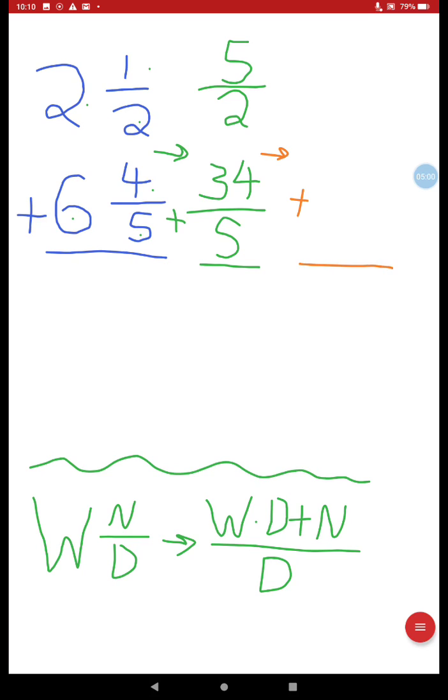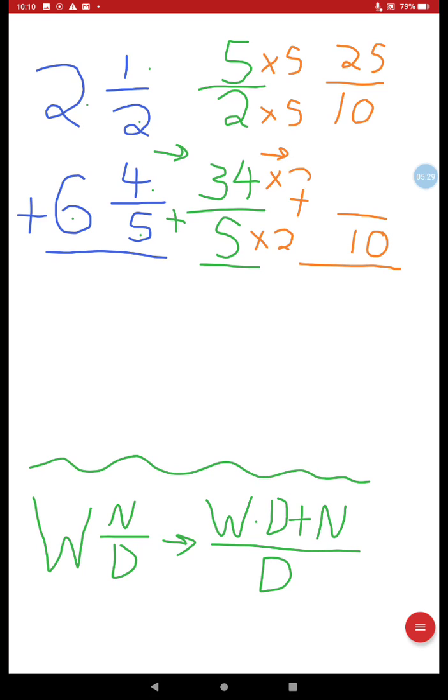So my new problem is going to be denominator of 10. How do you change a 2 into a 10? 2 times 5 equals 10. Whatever I do to the bottom, I do to the top. 5 times 5 is 25. How do you change a 5 into a 10? 5 times 2 equals 10. 34 times 2.